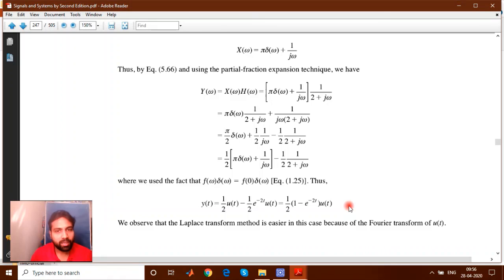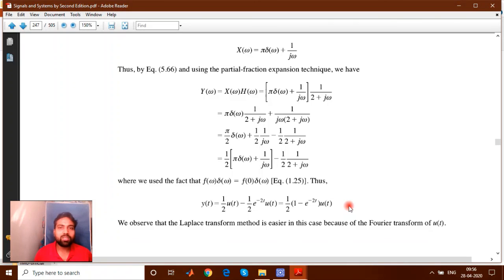So ultimately my target is to make you understand that in the case where x(t) and h(t) are defined separately, you take their Fourier or Laplace transform, in whichever case you are working, and then in the frequency domain multiply them easily and find out the third one, Y(omega). So it's a very simple equation: Y(s) in the frequency domain equals H(s) into X(s).